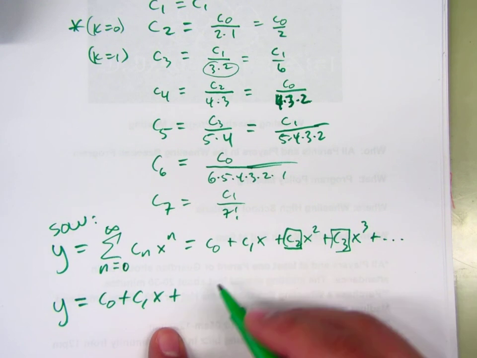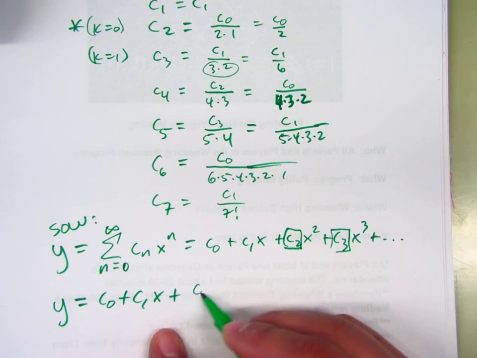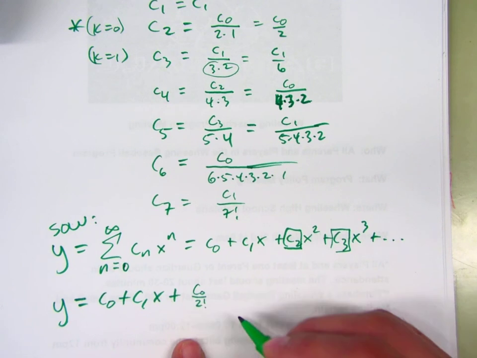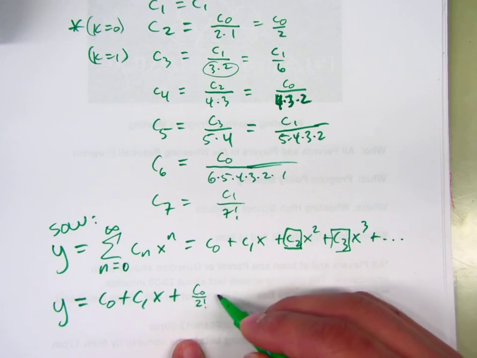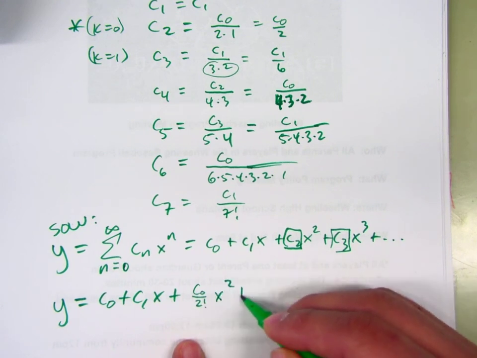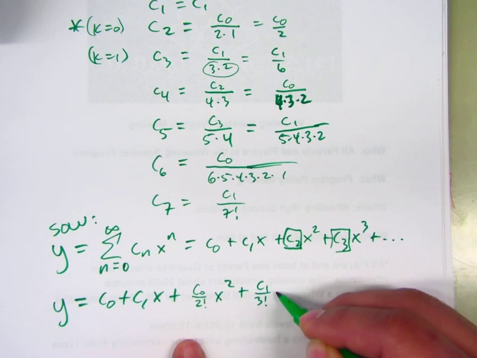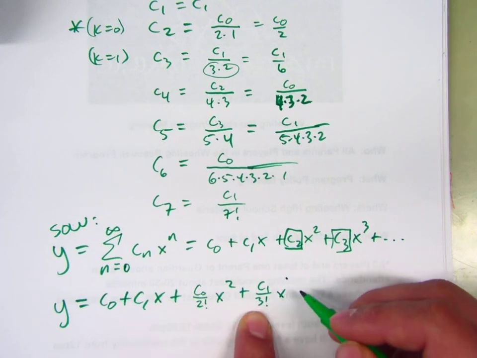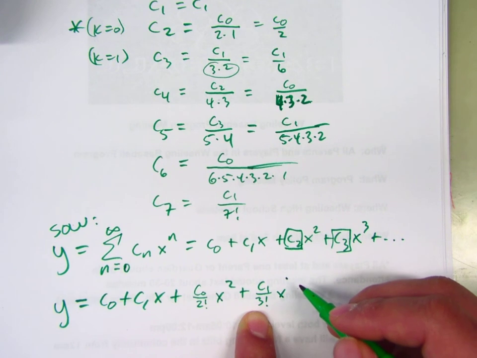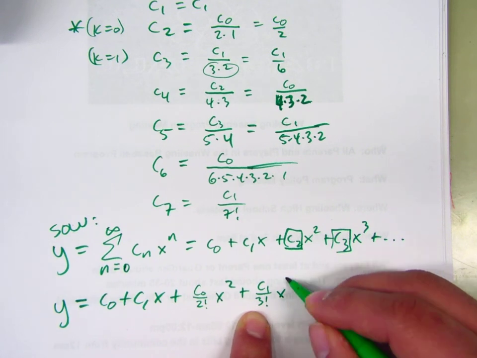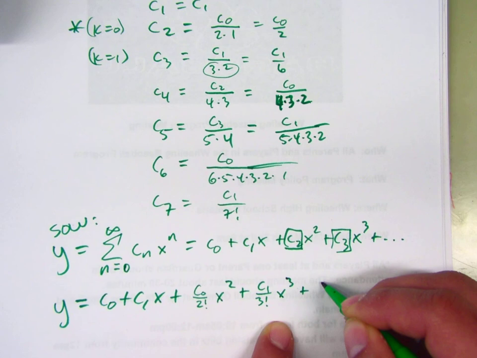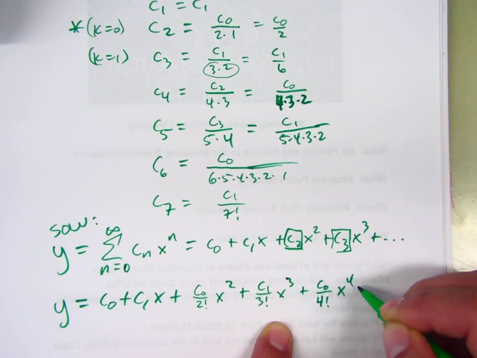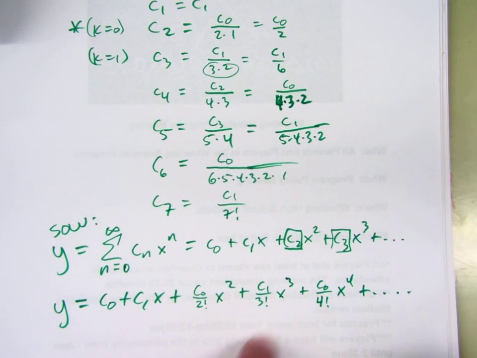So c2 is going to be c0 over 2 factorial, and that's x squared, plus c1 over 3 factorial, x to the third, plus c0 over 4 factorial, x to the 4, and so on, okay?